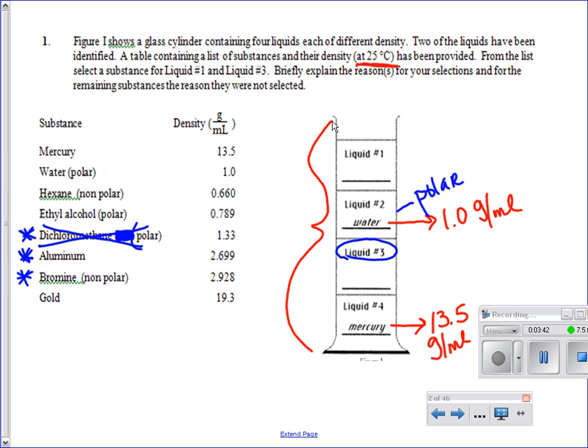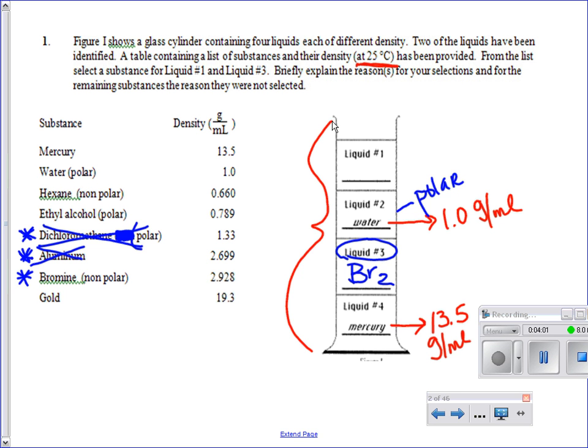Nice. Aluminum is a solid at 25 degrees Celsius. So could that be it? No. So our answer is bromine. So because bromine then is nonpolar, it won't mix with water. Okay? All right. Let's look at liquid number 1.